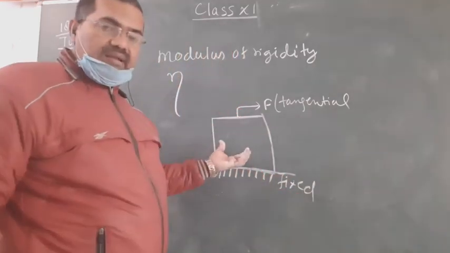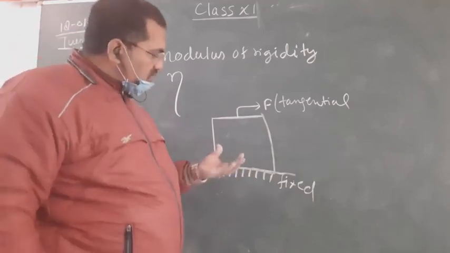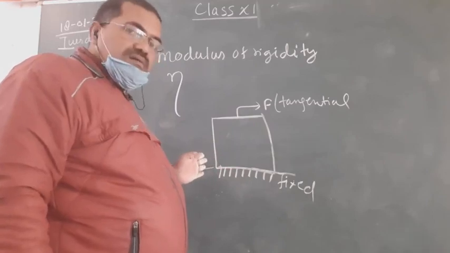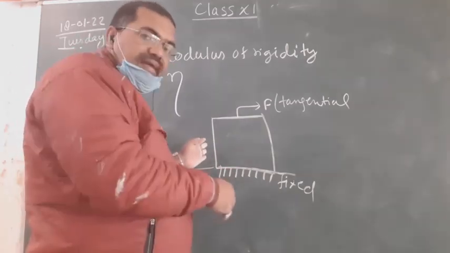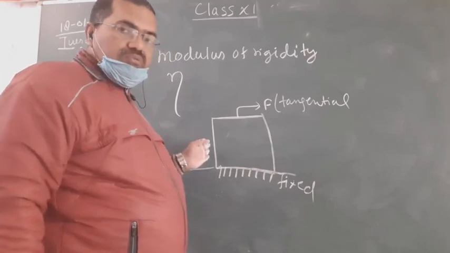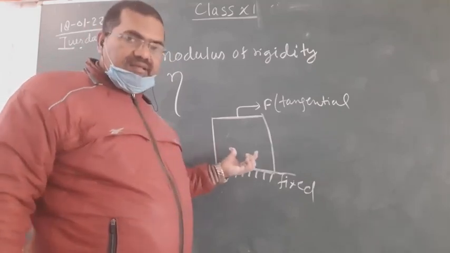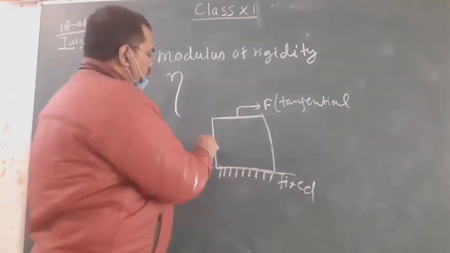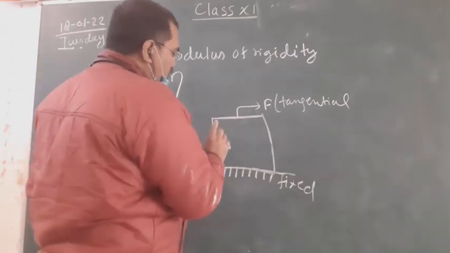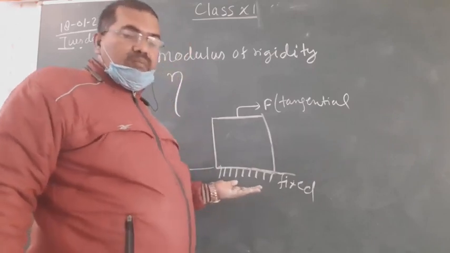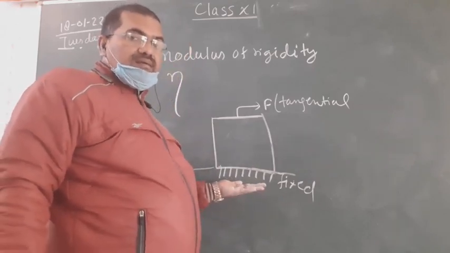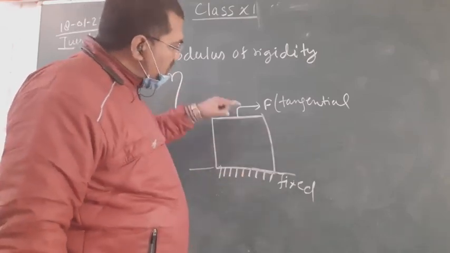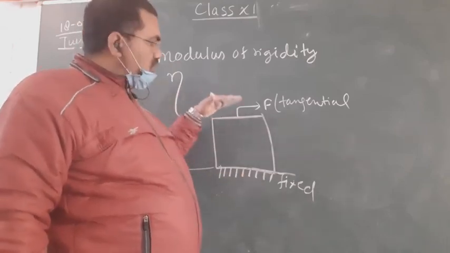This is a volumetric body, but you are seeing the side view. Actually, there are dimensions inside the green board also, a 3D volumetric body, and the side view is a square of length L. The lower surface of the volumetric body, that is L square, is kept fixed, and a tangential force is applied on the upper surface of the body.